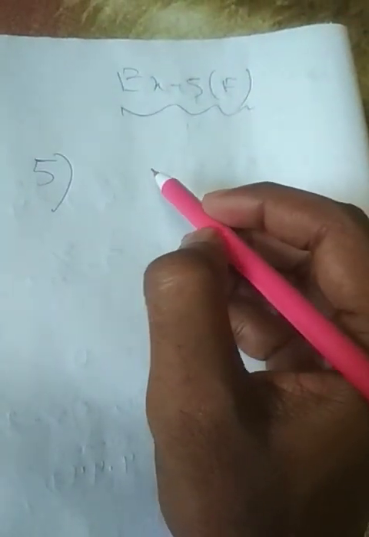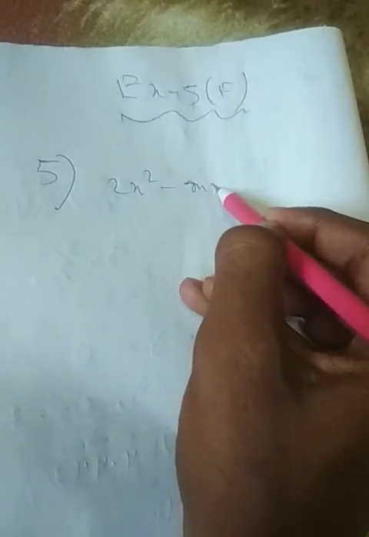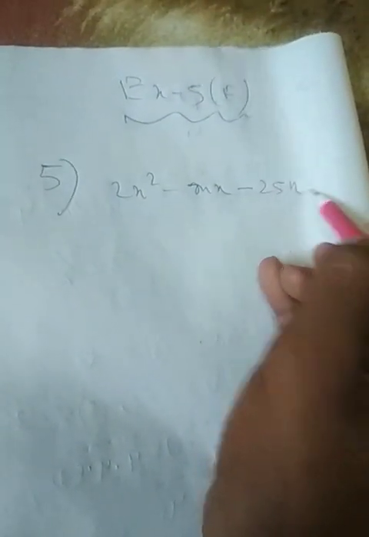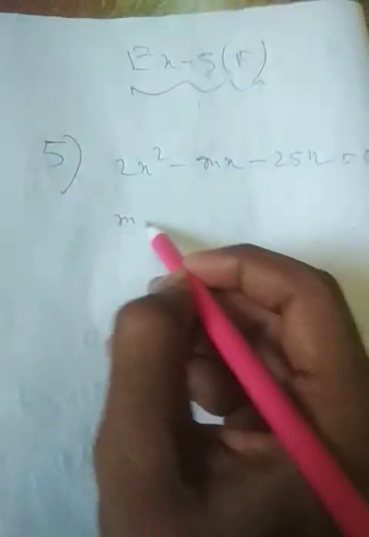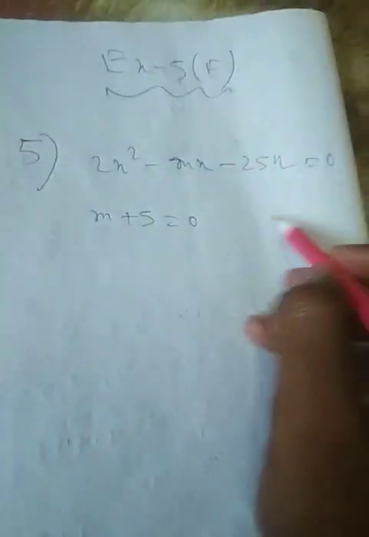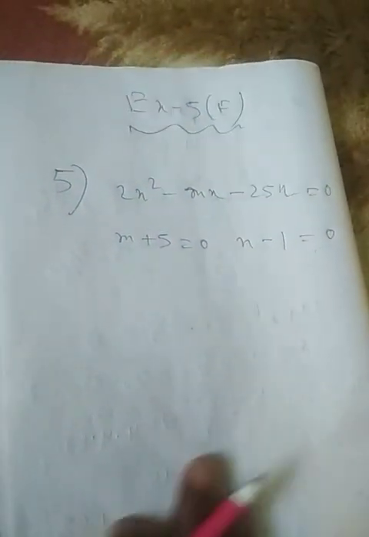There is a math, math number 5. There is an equation 2x square minus mx minus 25n equals 0. It is said that m plus 5 is 0 and n minus 1 is 0. Find the solution, means you have to find the value of x.